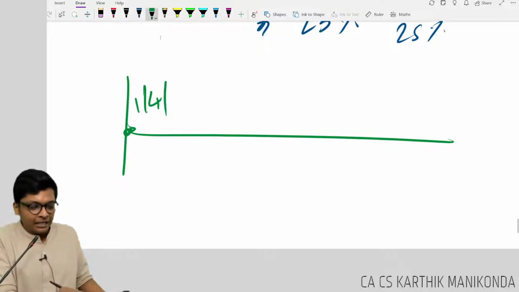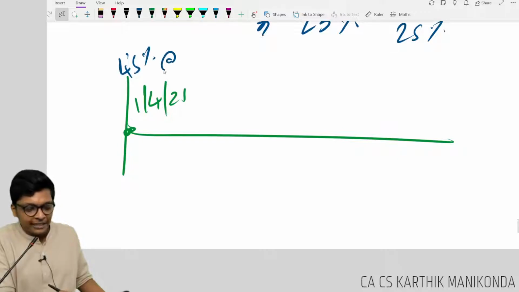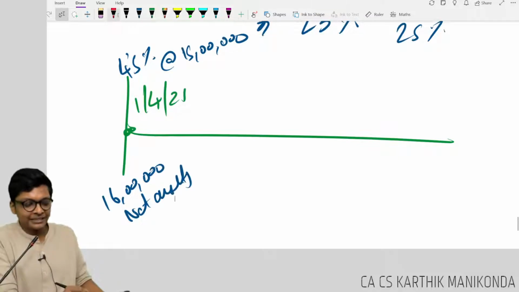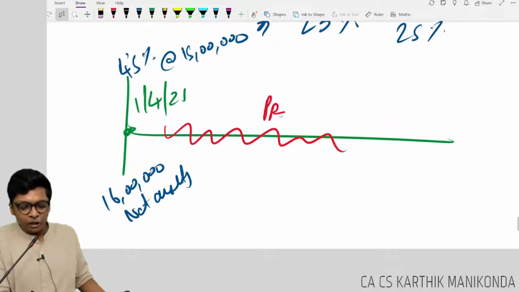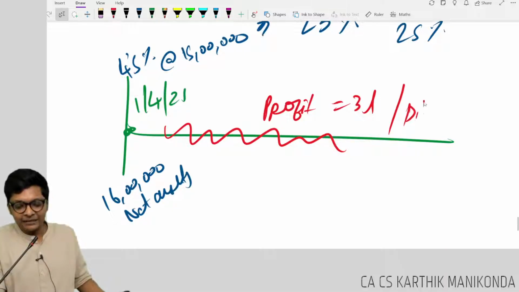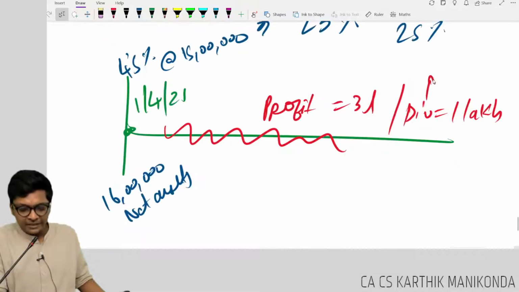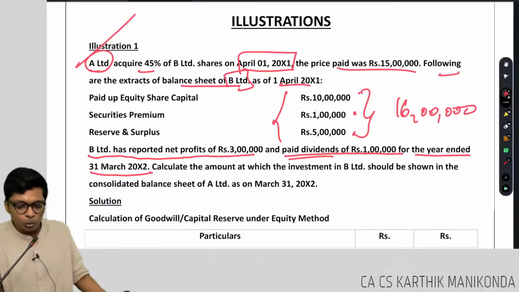On 1st April 21, I purchased the 45% share at 15 lakhs when the value of the company was 16 lakhs in net assets, correct? During the year, they earned a profit of 3 lakhs and declared a dividend of 1 lakh. Dividend paid is 1 lakh.